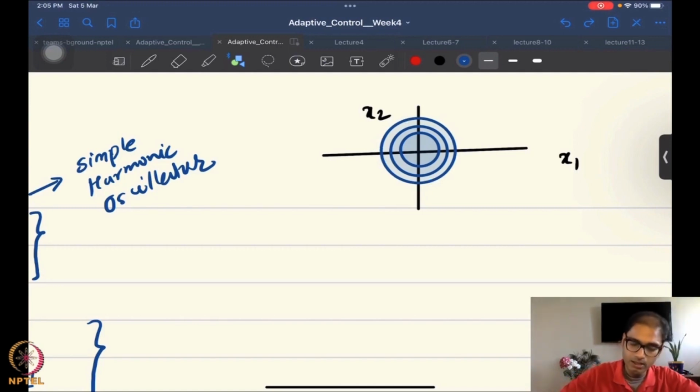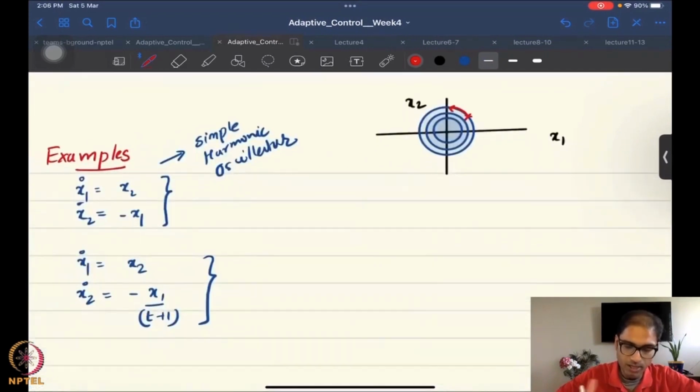The state space portrait looks like a bunch of concentric circles. If I start my trajectory anywhere, I will just continue on this circle forever. I will never leave this circle. So it looks like a nice enough benign system.